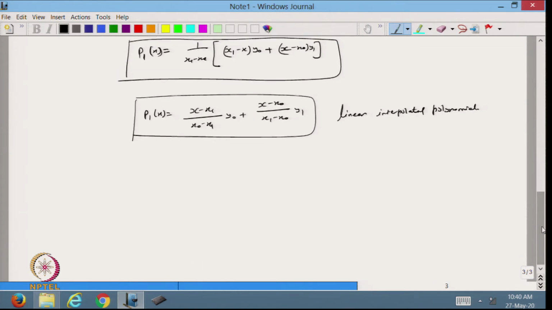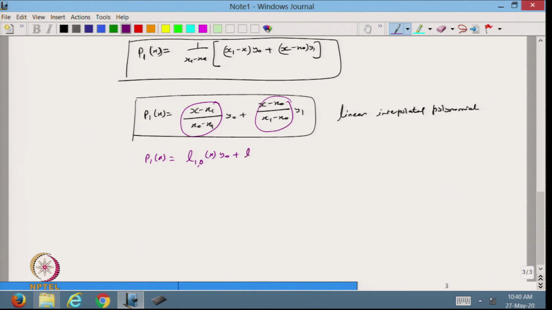Now, this coefficient and this coefficient have some specific names. So, I can write my expression p1(x) is equal to L1,0(x) y0 plus L1,1(x) y1, where L1 means it is a linear function.